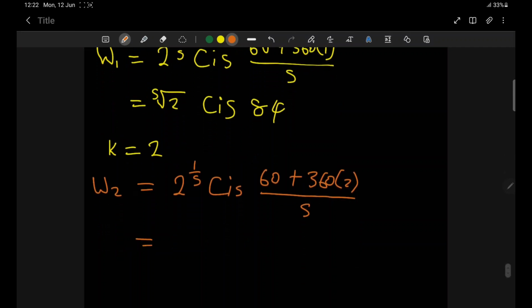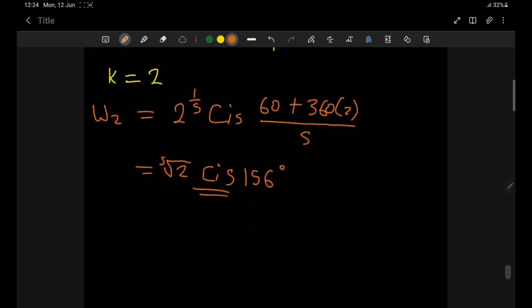Then simplifying this expression, here we are having the fifth root of 2 and cis. So 360 times 2 is 720 plus 60 is 780, dividing by 5 will give us 156. So this will be 156. We'll just leave them here, since if we try to find the cosine and sine, it would be difficult to deal with them since they're not special angles.